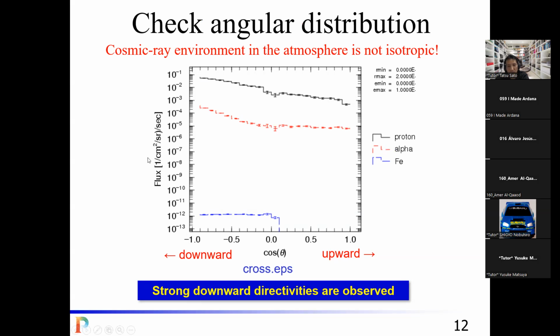If the Earth is round and an altitude of 12 kilometers is here, some ions going in these directions are just passing through the Earth. If you consider such a contribution, some ions are going upward, but most ions are going in the downward direction.